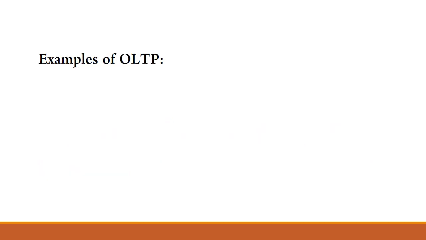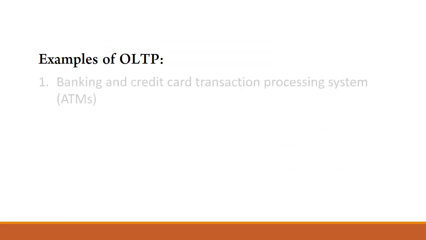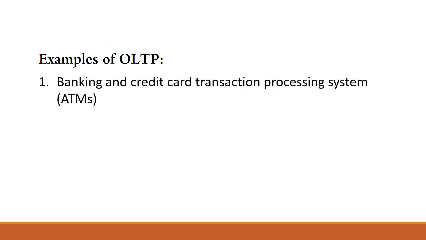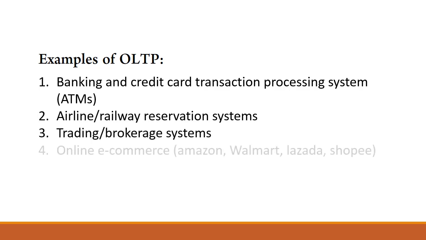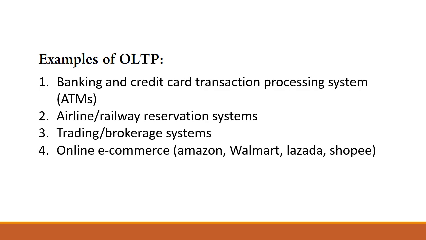Examples of online transaction processing: banking and credit card transaction processing systems like the ATMs, airline or railway reservation systems, trading or brokerage systems, and online e-commerce like Amazon, Walmart, Lazada, and Shopee.